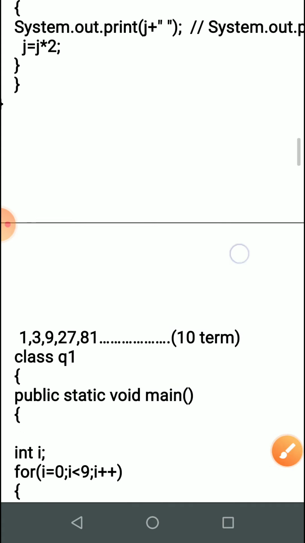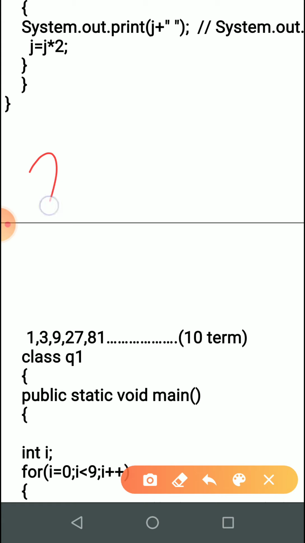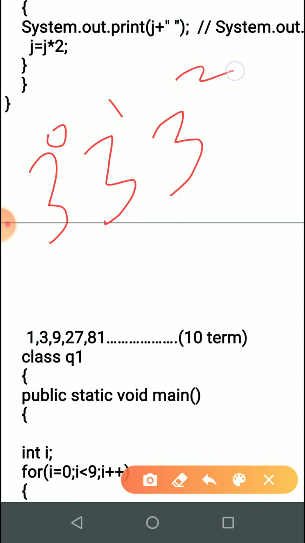Or it is 3 to the power 0 is 1, 3 to the power 1 is 3, 3 to the power 2 is 9, 3 to the power 3 is 27.